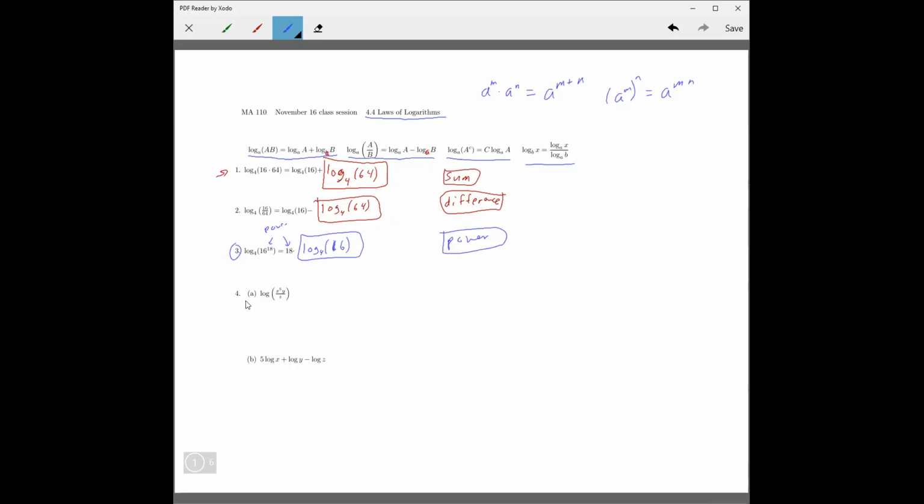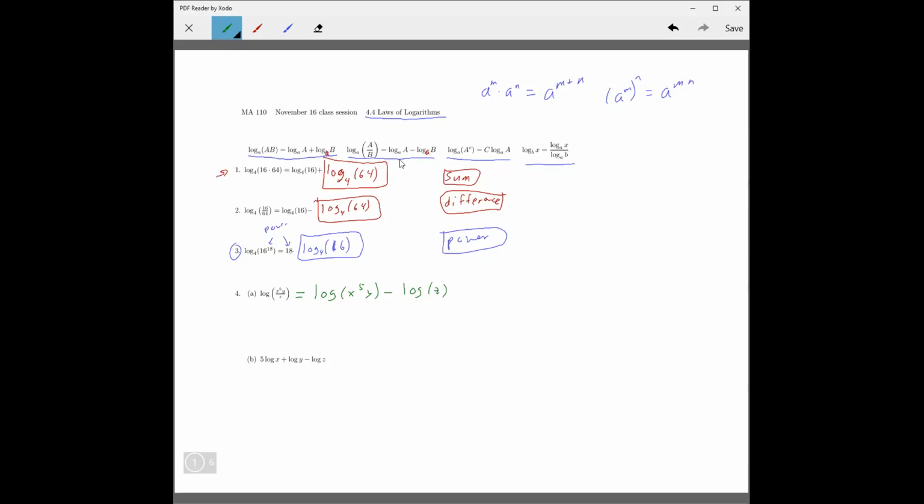Okay, number 4. We can expand this. What you do here is, first of all, it's a quotient, so we use this rule here. The log without a number is just the common log, which is base 10, so don't write the number.